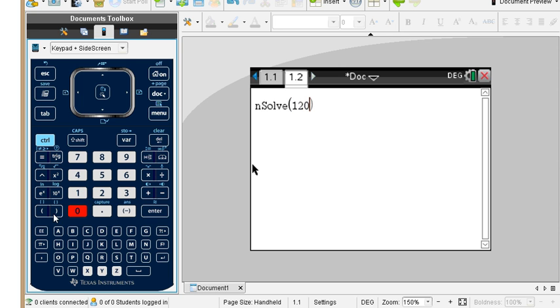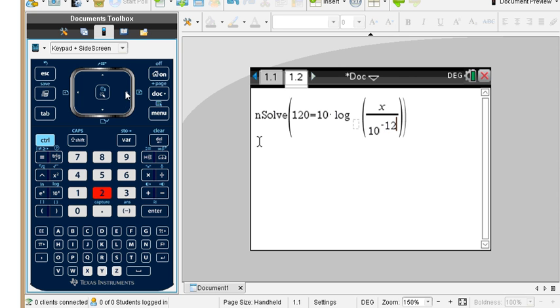120 equals 10 times the log. If you don't put anything in the base, the calculator assumes a base of 10, so I'm just going to leave it and let the calculator choose 10. And we have I over I sub 0, and I sub 0 is 10 to the power of negative 12.